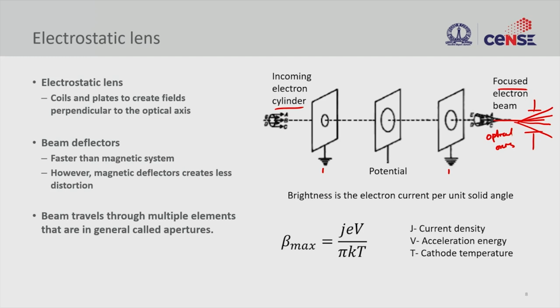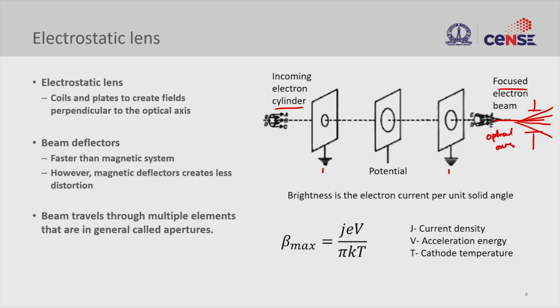One of the interesting things here is that, unlike electrostatic lenses, magnetic lenses create very little distortion, because the field is pretty uniform. The other thing is that they don't create unnecessary second order current inside the field itself. So magnetic manipulation of the beams is primarily preferred for very good beam quality compared to electrostatic.